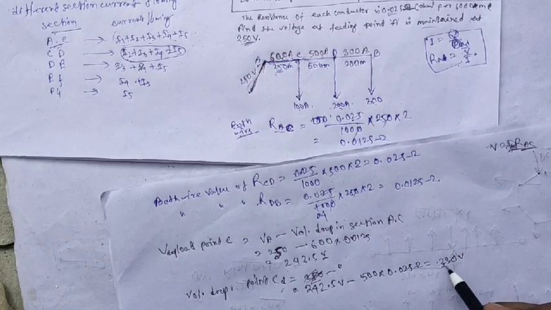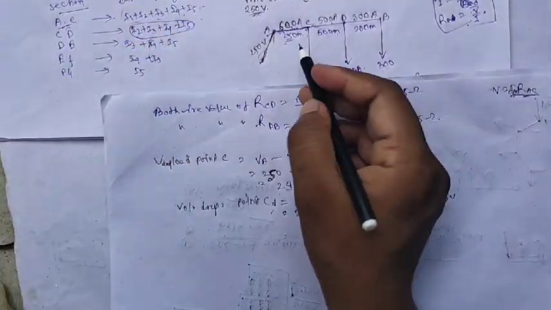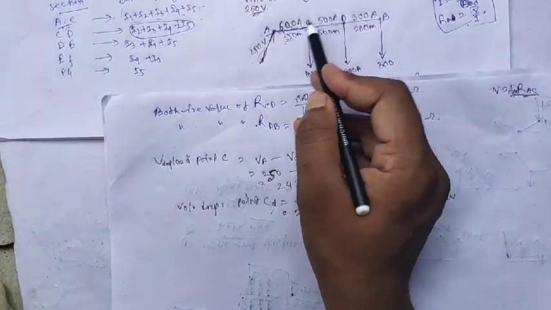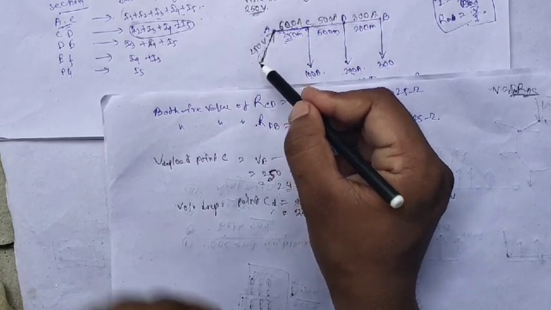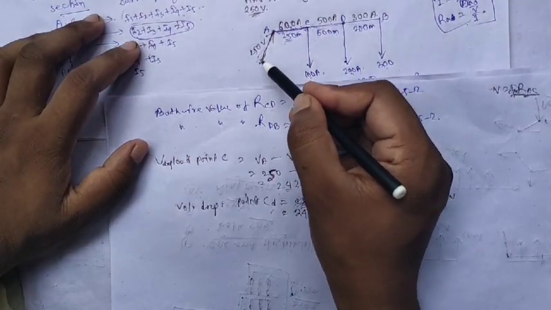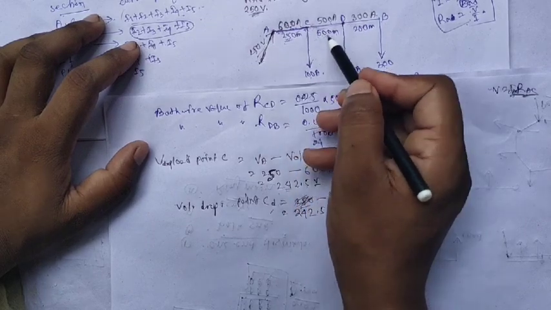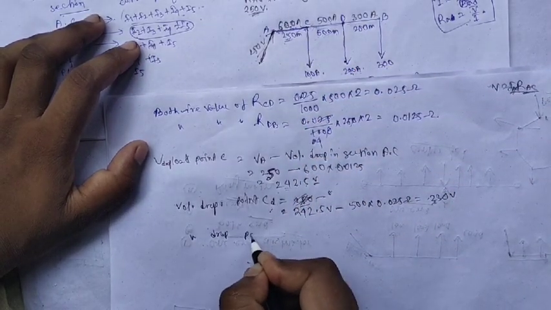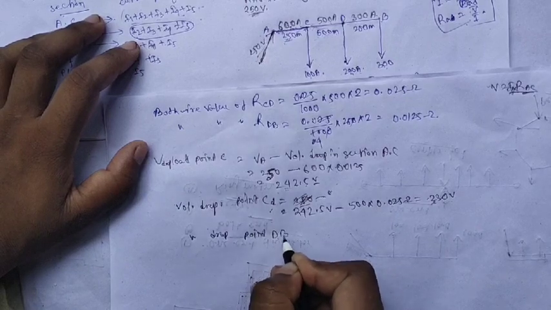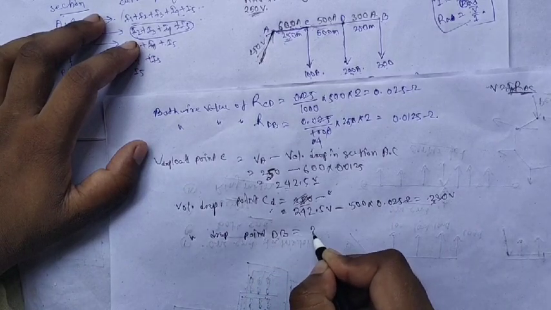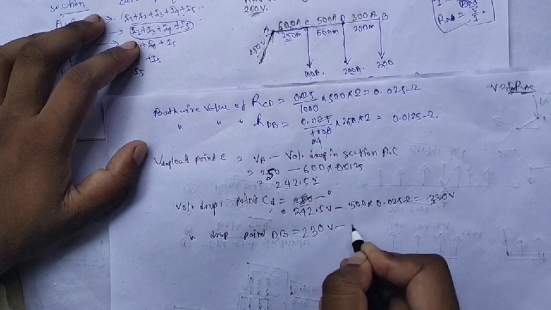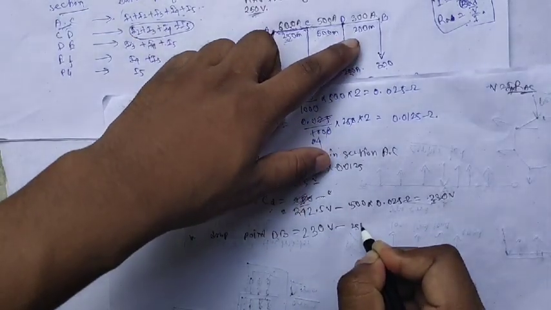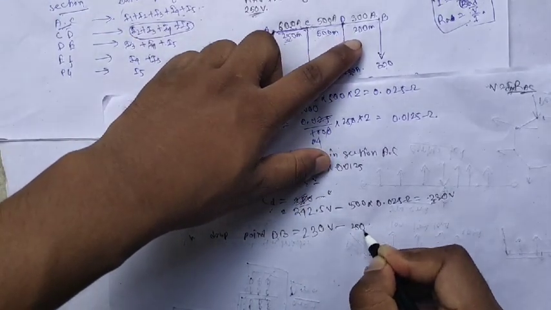This 230 volt, not 250 volt, because the drops are subtracted from this 250 volt. So what is the voltage at point D?